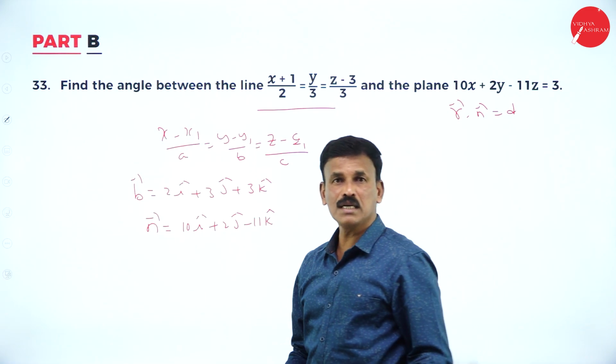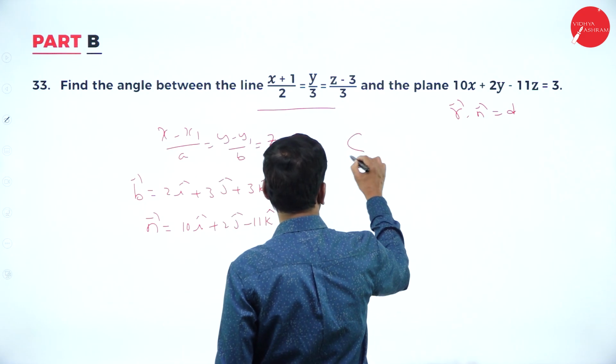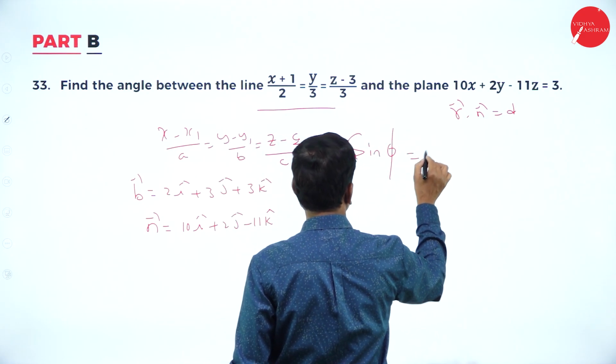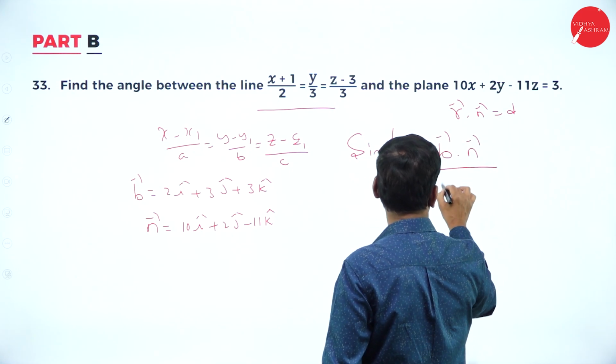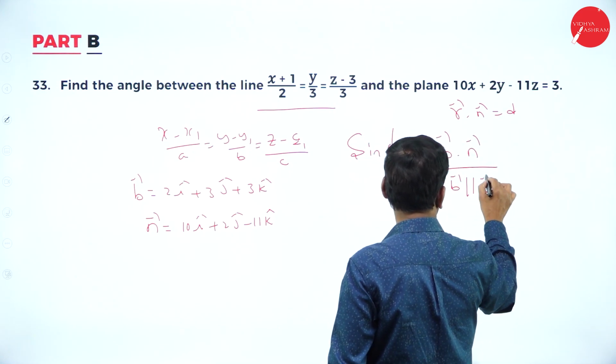That's it. Now what is the angle between the line and the plane? The angle between the line and the plane is given by sin theta is equal to b dot n divided by length of b into length of n.